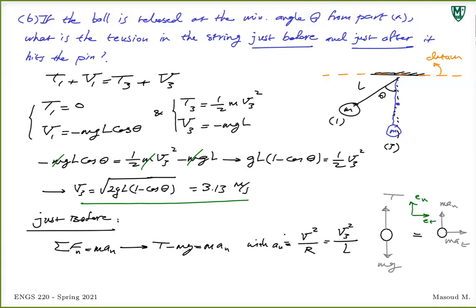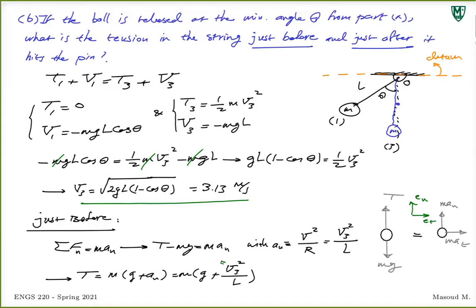You have this circular motion, this pendulum swinging just before hitting the pin is basically swinging about this point. The distance is just L, the length of the string. So T is equal to M times G plus AN, which is M times G plus V3 squared over L. You know the values.